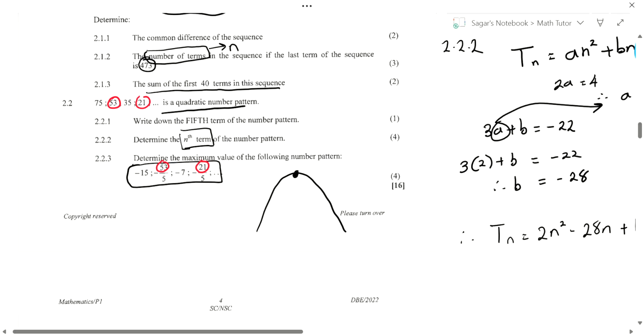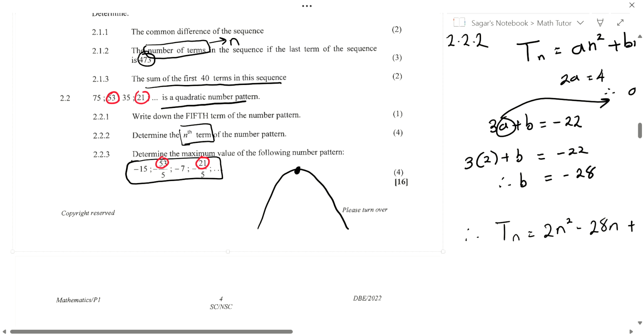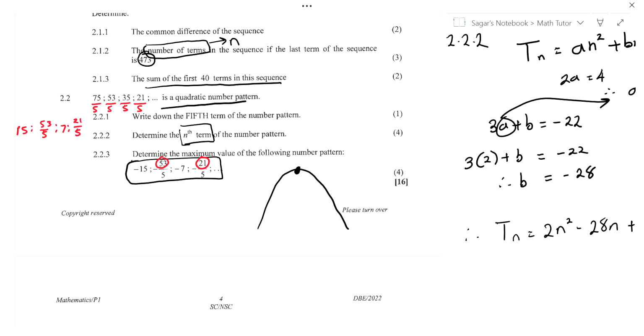Let's divide this entire equation by 5 and see what we get. 75 divided by 5 is positive 15. 53 divided by 5, that's a decimal. 35 divided by 5, that is 7. 21 divided by 5, that's a decimal. And we keep that as is.